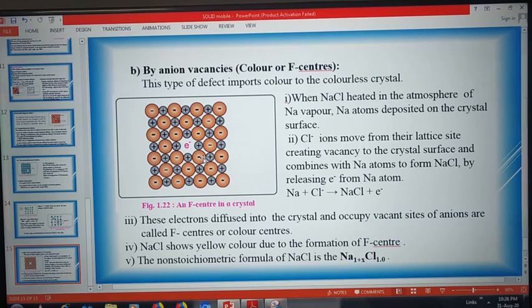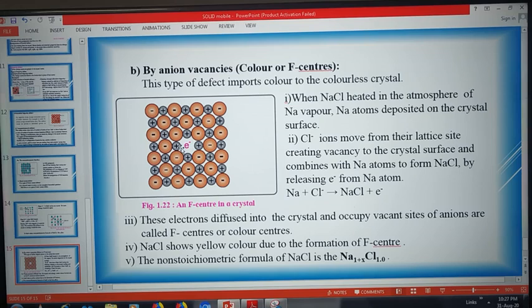The chloride ions from that crystal move from their lattice site position towards this sodium atom on the surface. And whenever they move from their position, they create a vacancy at the lattice site position.